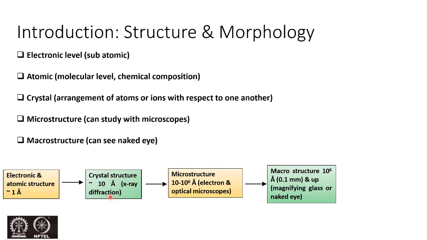In X-ray diffraction we can see those structures, or even in the TEM we can observe them. Then microstructure, that is from 10 to 10 to the power 6 angstroms, we can see from the electron microscope, and sometimes from the optical microscopes. The macrostructures can be seen with a magnifying glass, or with the naked eye also.